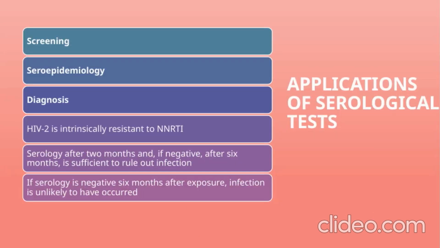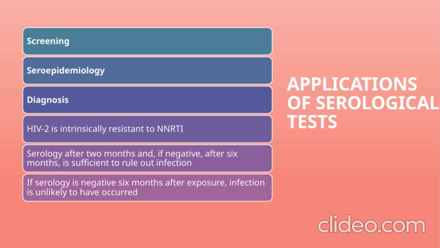Let's now turn our attention to the applications of serological tests. These tests are incredibly versatile and play a crucial role in various areas of medicine and public health. They are primarily used to detect the presence of antibodies in a patient's blood, which helps us understand whether someone has been exposed to a particular pathogen.